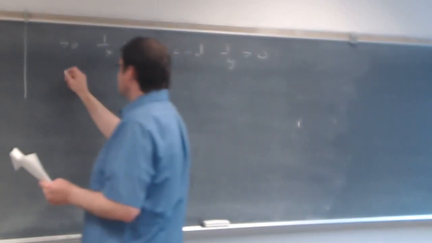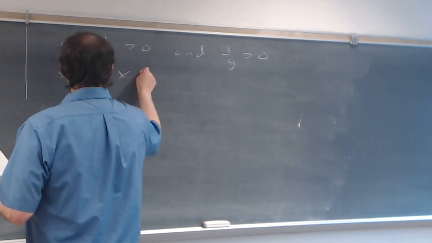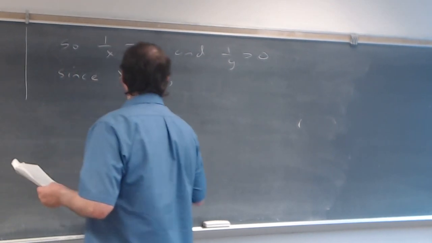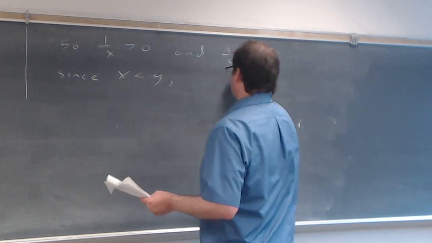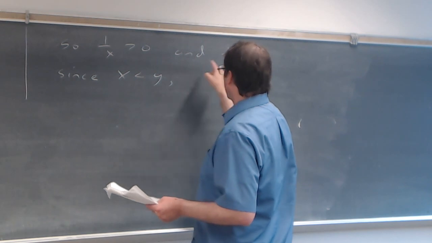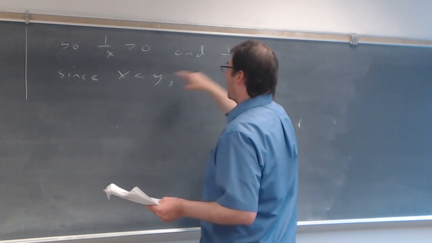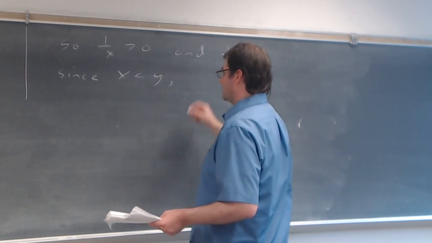So since x is less than y, and both of these guys are positive, when we multiply them together we get something positive. And so when I multiply 1 over x times 1 over y times both sides of this inequality, we maintain this relationship.